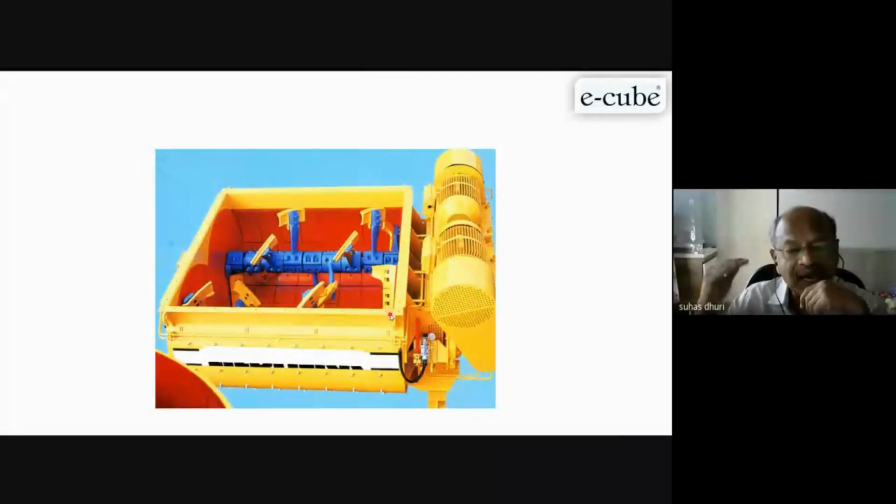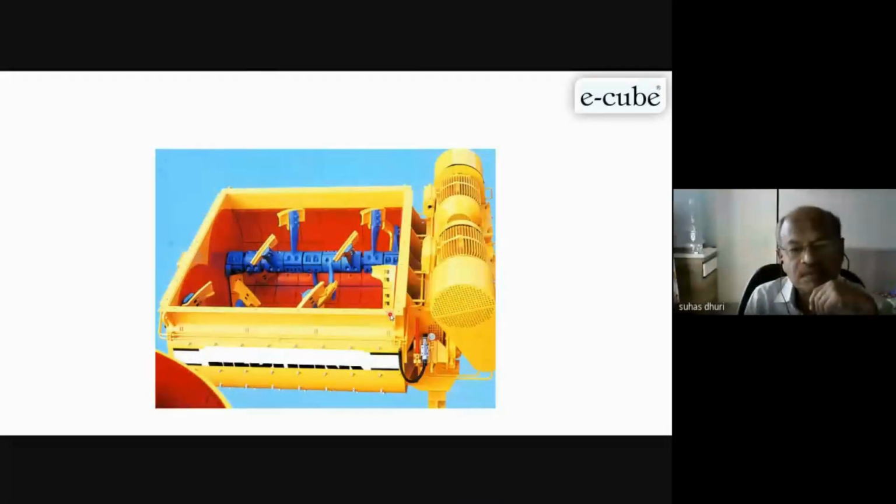Now once you have that size of mixer, we cannot use only 1 cubic meter in this mixer. At least we should have 50% of the mixing capacity of that particular mixer. Because we have 1 cubic meter, 2 cubic meter, 3 cubic meter, and we have only 0.5 cubic meter batch size also. So understand that and accordingly we can act.